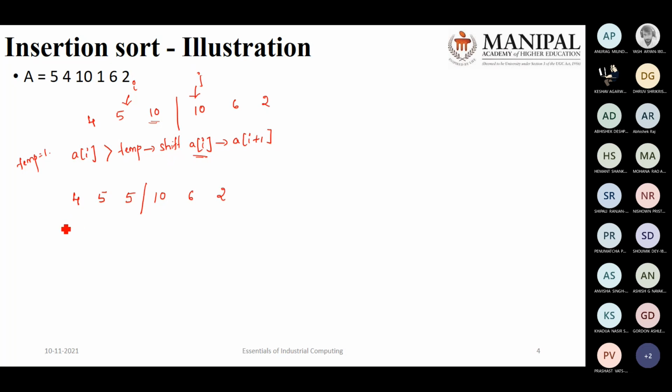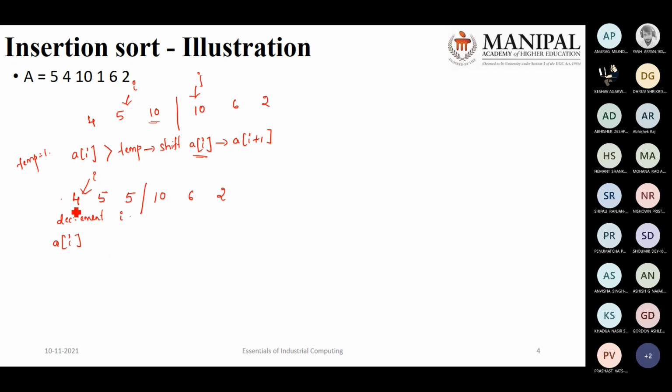What next? Next you are decrementing I again. This should happen till you reach the beginning of the sorted array. So decrement I, from here I will point to this now. Now again you need to compare A of I, which is this element, with the temp. Temp is the value you have considered from the unsorted list to sort.